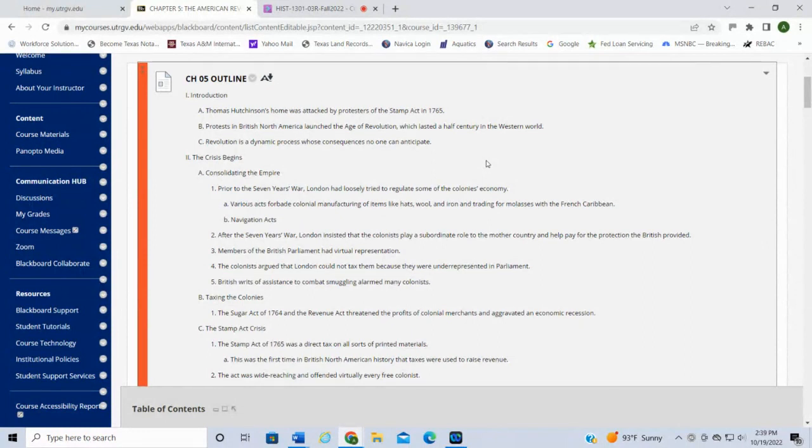The French lost Canada, the Louisiana Territory was handed over to Spain, and so France, which had controlled vast portions of North America, had lost all of their North American empire. They just had a few islands in the Caribbean. They would get Louisiana back when Napoleon came to power, but that's not going to happen for a couple more years. At this point, the French have been kicked out of North America.